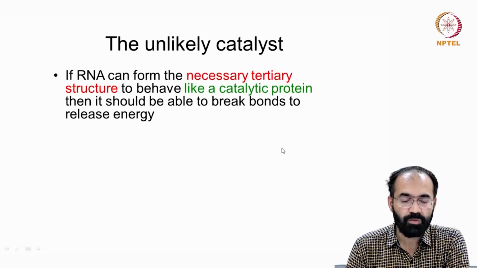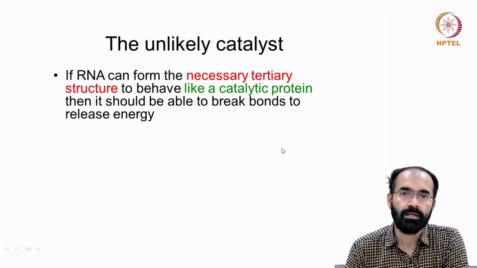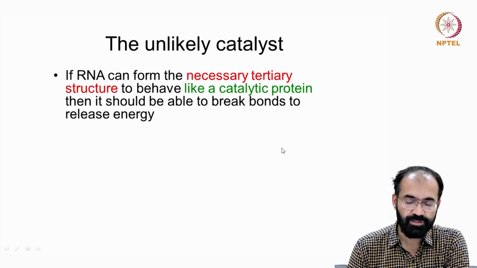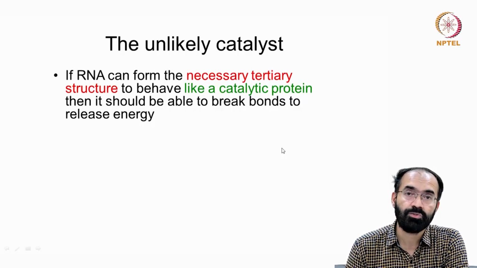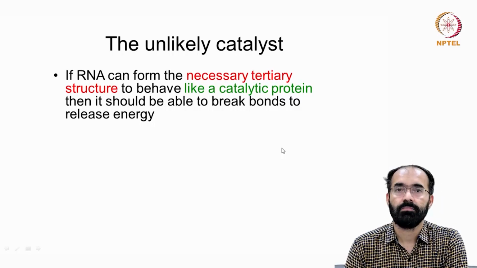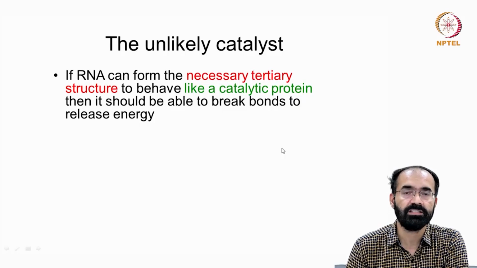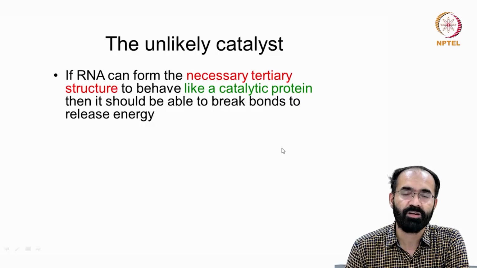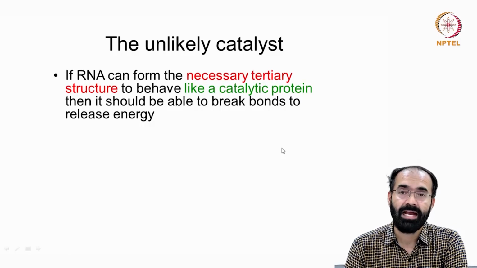If RNA can form the necessary tertiary structure, and necessary is a loaded word, which means that it should form the structure which is actually going to be useful, and there is no director or guide to tell it, okay, this is how you should fold so that you can perform this task. So we should understand the folding is happening randomly, and the functioning, the output, also is random.